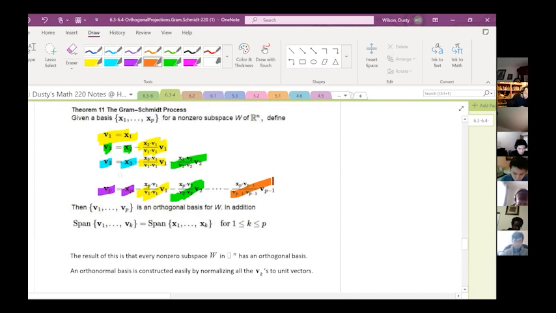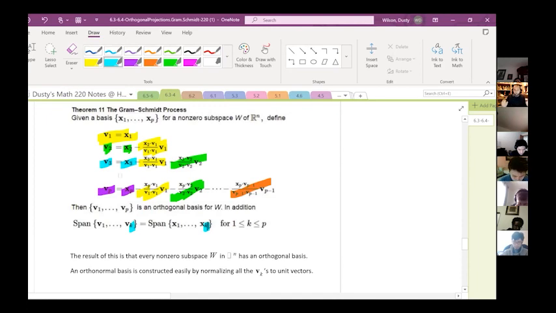Notice that this span statement is specifically referring to the k's. That's the important part of that last statement. At any point along the way, you could stop and the first two vectors span the same space. The first three vectors span the same space.